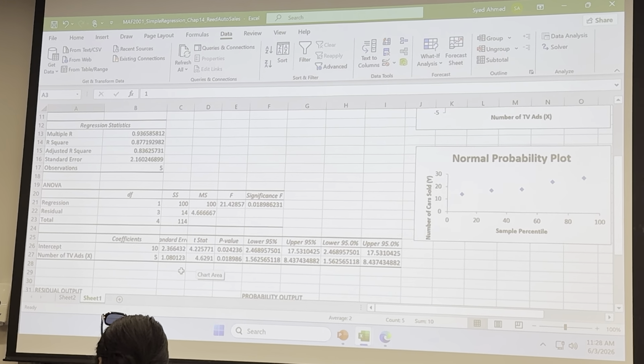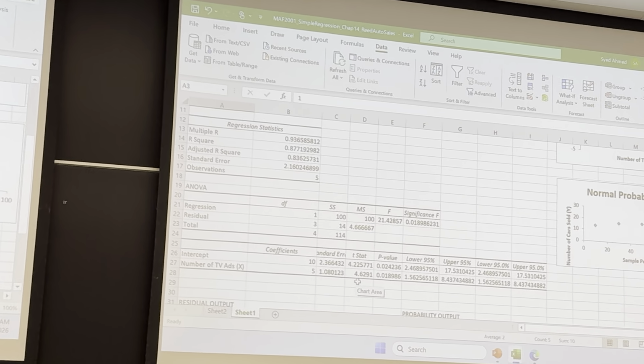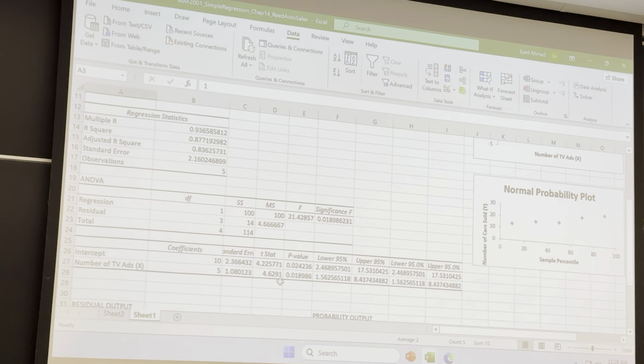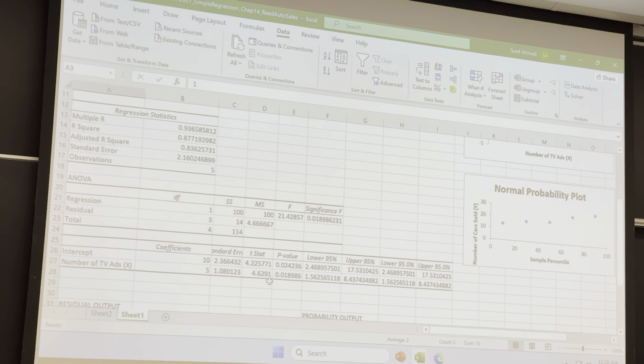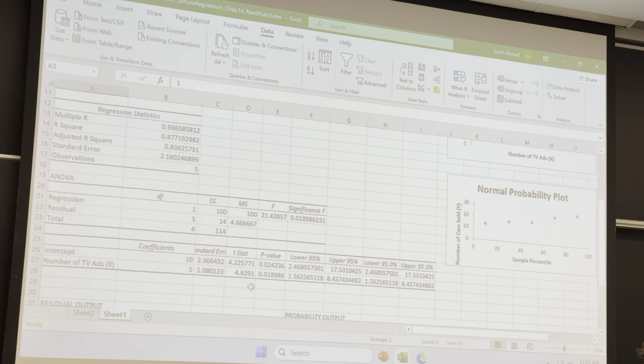Okay, I'll bring this on both sides. You see it over here, 1.08. And we see the t value, 4.63. Now the nice thing about Excel is that if you're using the tables, we will be getting just an approximate p value, less than this or more than this, something like that.